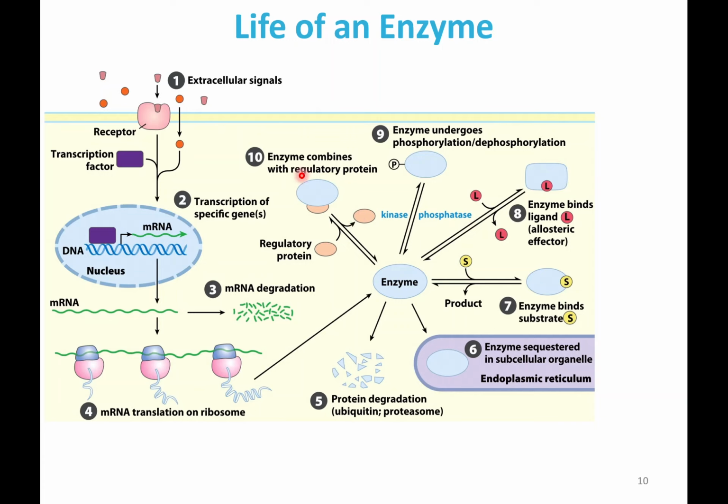Okay, so that can be yet the final little point of regulation. So you can see that there are many different points of regulation for a given enzyme. Now, not all enzymes undergo all of these points of regulation, but you can have many different levels of regulation. So this can get very complex.